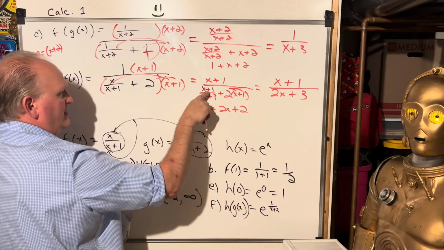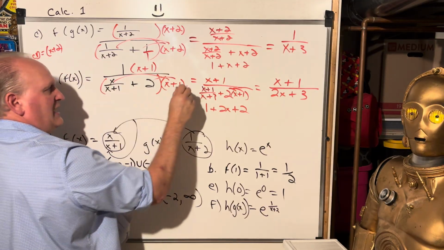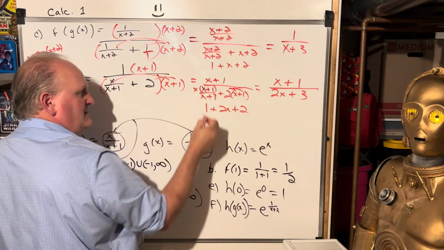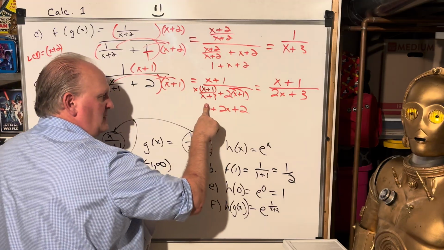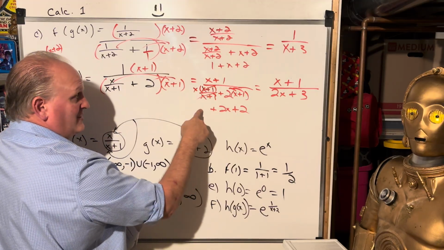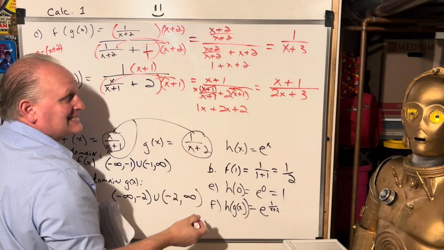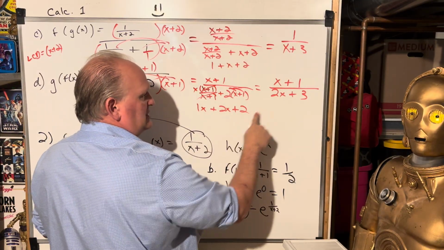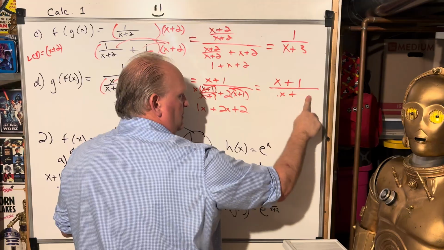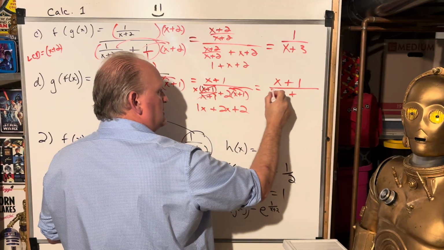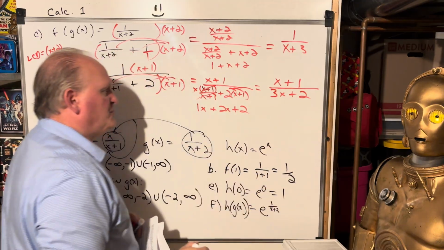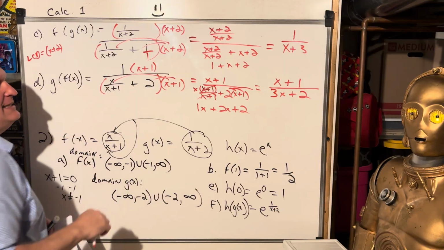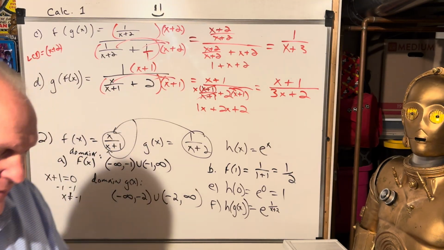That was fine. But here, oh no, I'm supposed to have an x times x plus 1 up there, which means when those x plus 1s cancel, I don't get 1. I get 1x. And so 1x plus 2x plus 2 is 3x plus 2. Oops, don't forget that. Don't forget the x. See, haste makes mistakes.